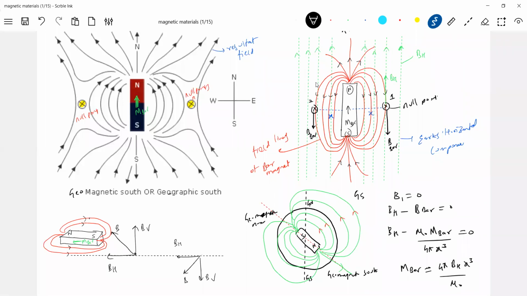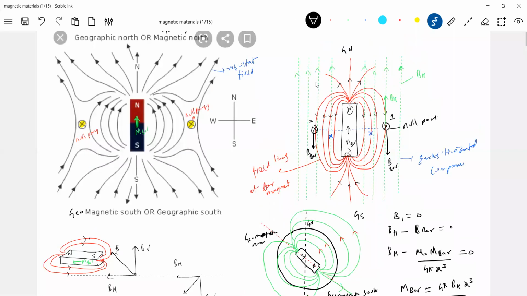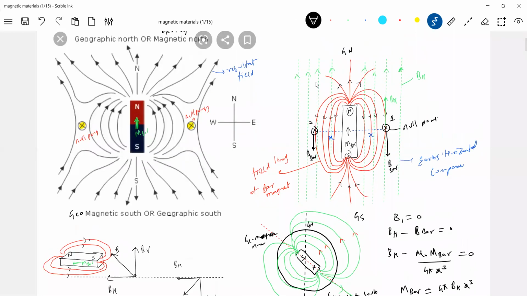So what is the condition now? How should the bar magnet be kept? The north pole of the bar magnet is aligned along the geographic north. This is very important. What is the strict condition?